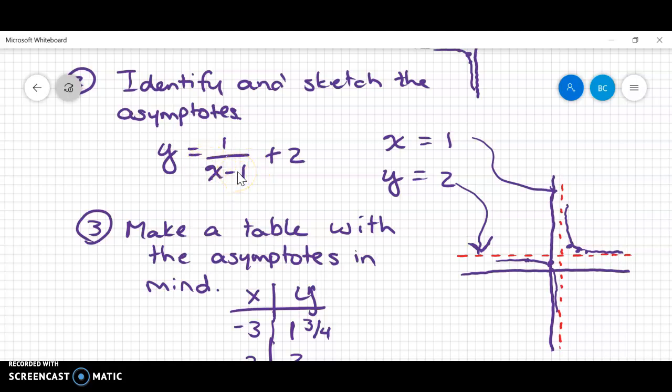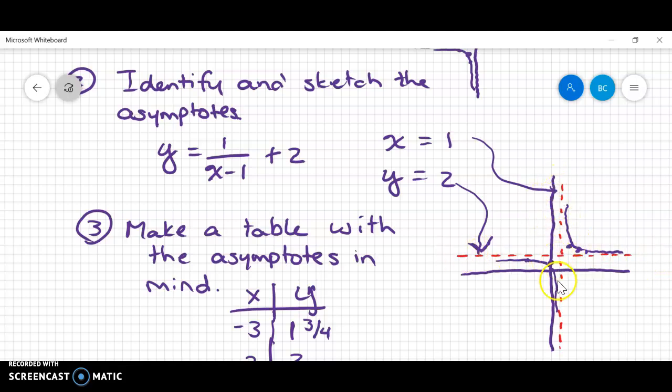So that makes it an excluded value, but it also creates that asymptote at x equals 1, where my graph is going to come closer and closer to it, but it's never going to touch it because it's an excluded value. And then this plus 2 tells me that my horizontal asymptote is going to shift up from the x-axis up to y equals 2.